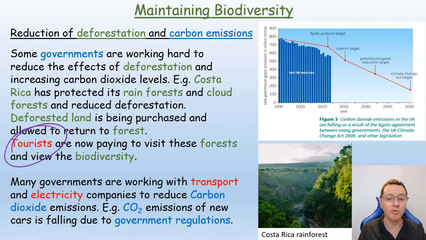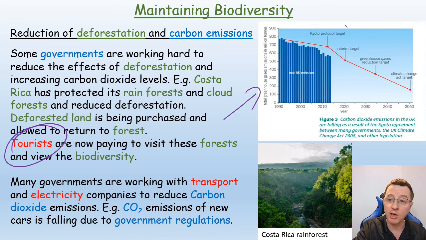Many governments are also working with transport and electricity companies to reduce carbon dioxide emissions. Carbon dioxide emissions of new cars is also falling due to government regulations. You can also see on this graph here the effects of some governmental agreements or international agreements between governments.